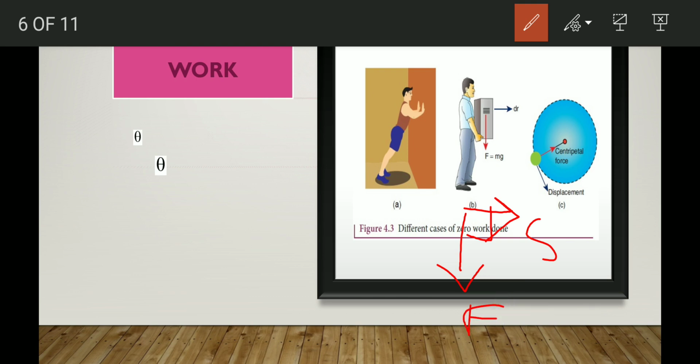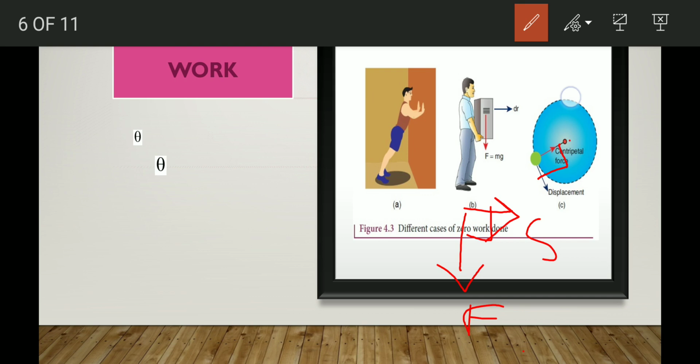Similarly, in the third diagram, in which the motion of a body is taking place along a circular path, you can very well observe that the angle between the force and displacement is 90. The direction of displacement we find by drawing a tangent at a particular point.